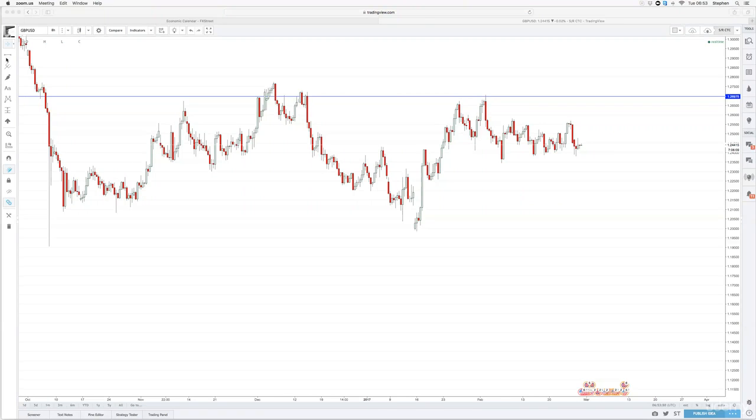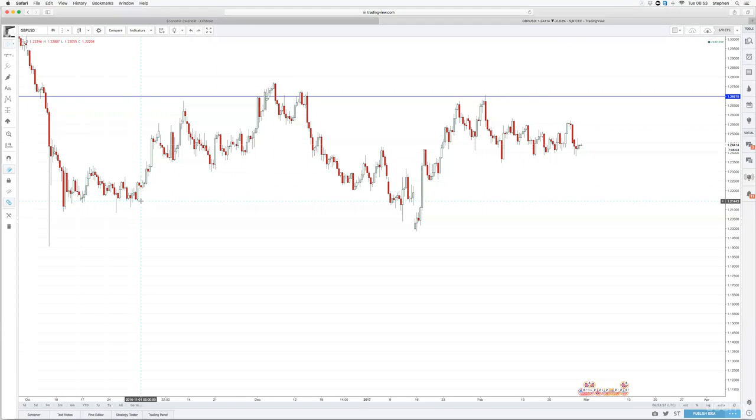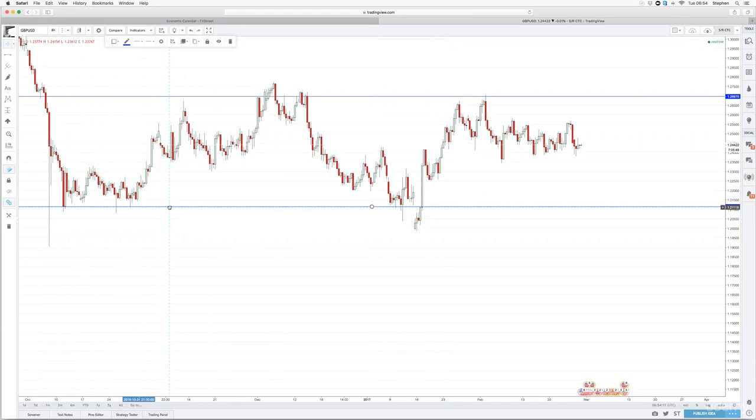Right, so I'm just going to snap another line. I'm just going to put it around here for now. Sorry guys. Now what I'm going to do is move my line to where I think it best fits. So I'm going to put it here.